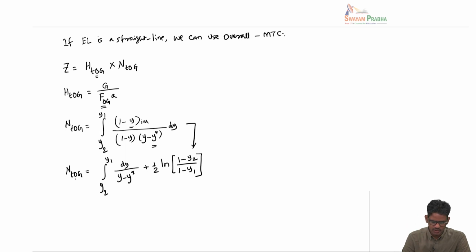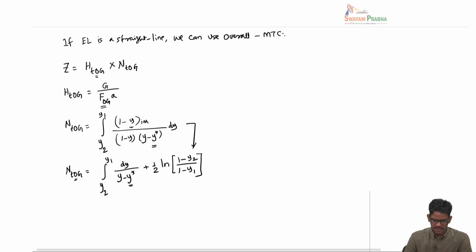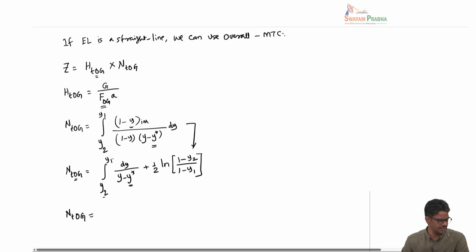In here you can note that I am again writing for overall coefficient, overall NTU, using the overall driving force y minus y star, and you can also write this expression in terms of mole ratios. So here everything is in mole fractions. You can write this into mole ratios with capital Y's.